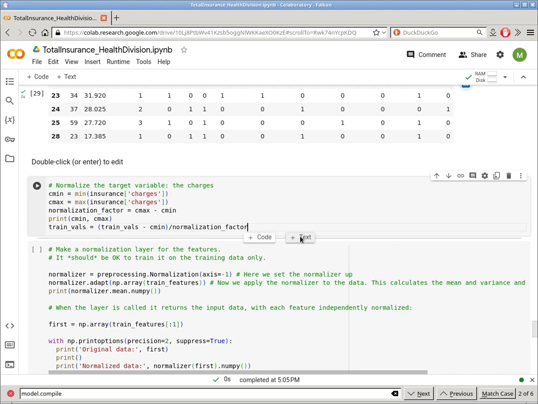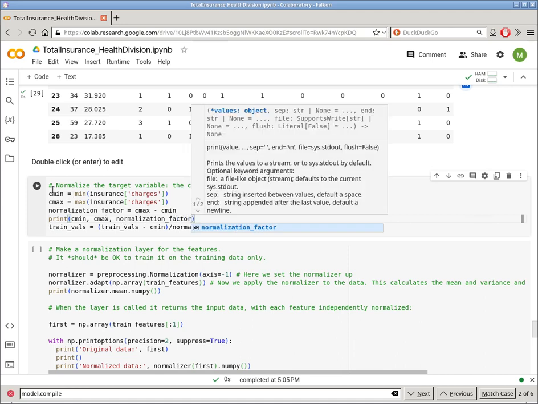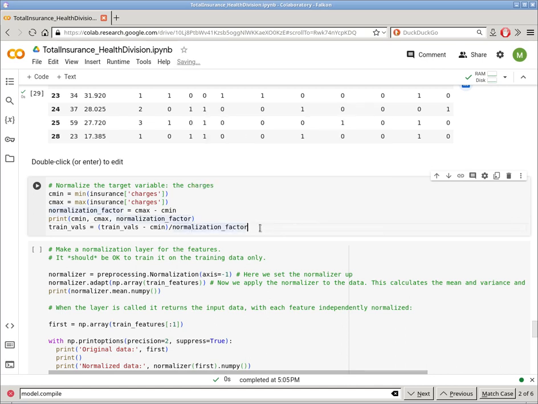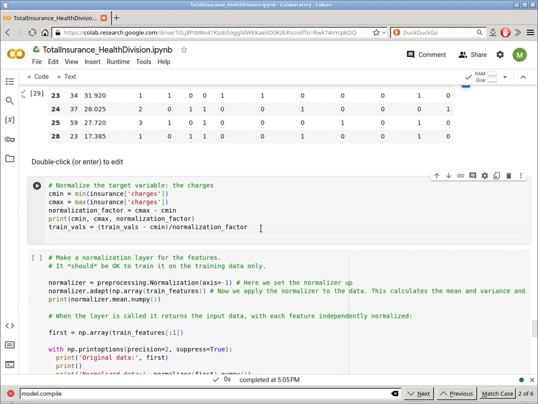So let's see what happens here. And then we want to do the same thing for the test values. So these are the outputs, right? The output will be the charges normalized to be numbers between 0 and 1.